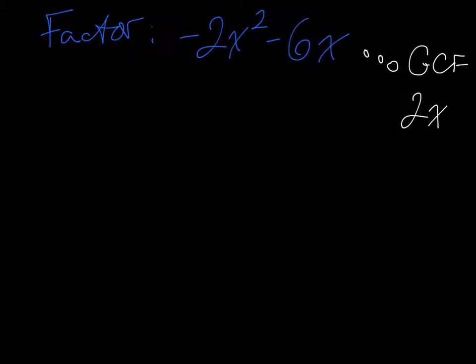One thing that's good form when you're factoring is that once factored, what's left over is a positive value. So by factoring out negative 2x, the first term will be left positive. So here's how this is going to work. I'm going to write my equal sign and rewrite my expression.